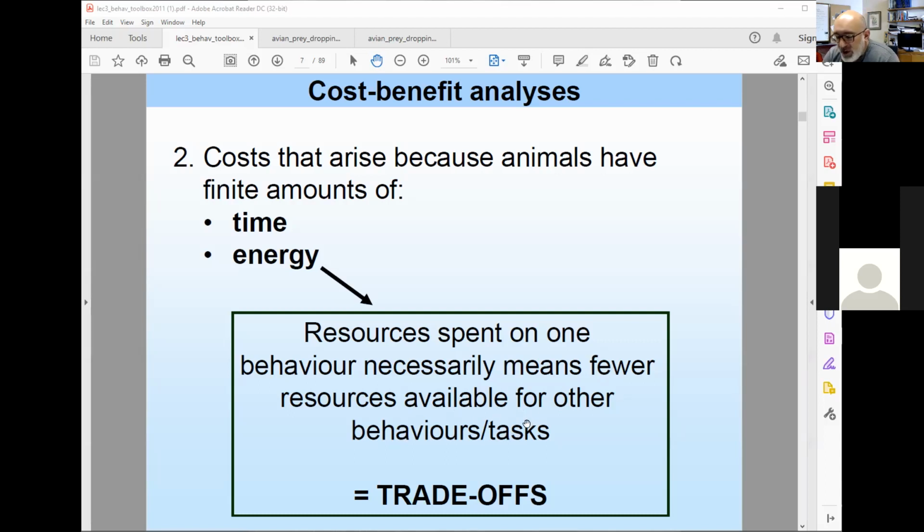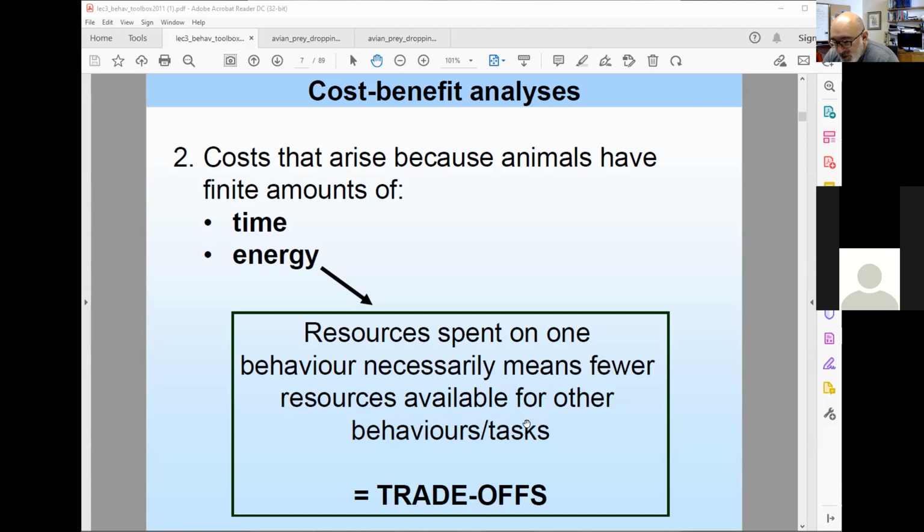Thinking again about those crickets that are calling, as I mentioned before, the longer they're calling, the less time there is for feeding. The same thing goes for these males that are fighting off rivals. The more time they spend doing that, the less time there is for feeding.